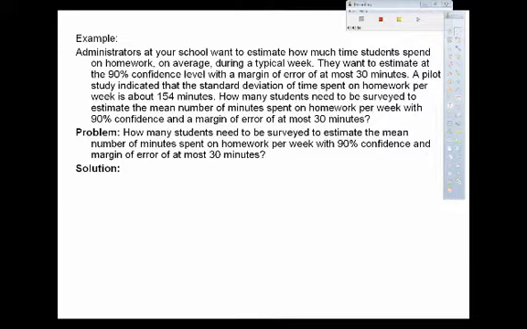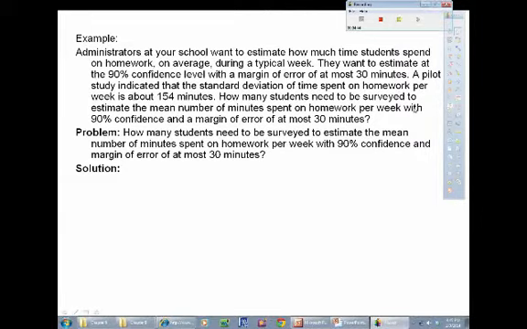A pilot study indicated that the standard deviation of time spent on homework per week is about 154 minutes. How many students need to be surveyed to estimate the mean number of minutes spent on homework per week with 90% confidence and a margin of error of at most 30?